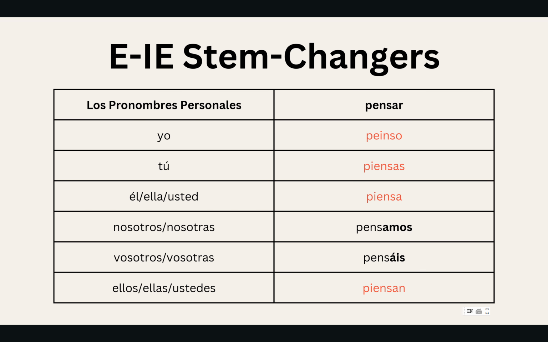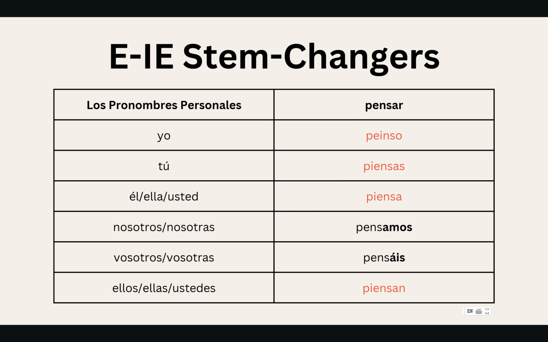Now let me give you two more examples of how E to IE stem changers work in the present tense. The first one is the verb pensar, to think. Yo pienso. Tú piensas.